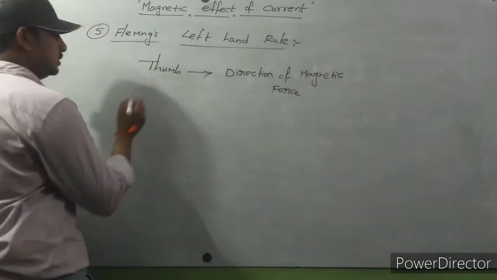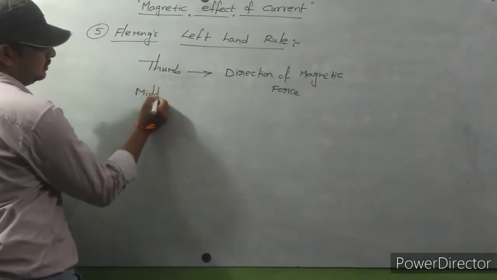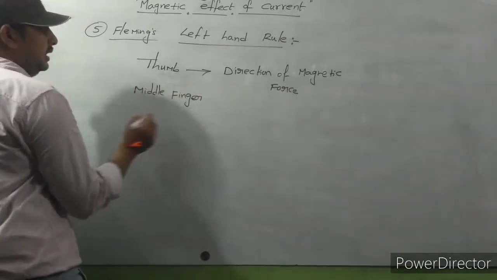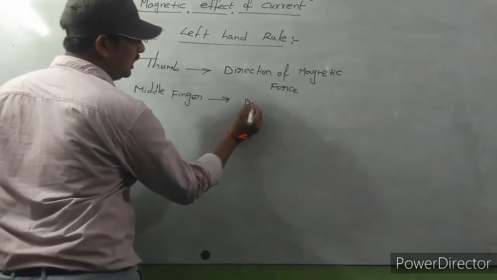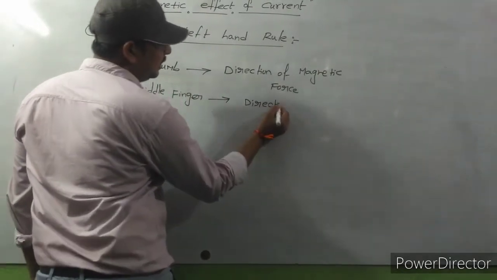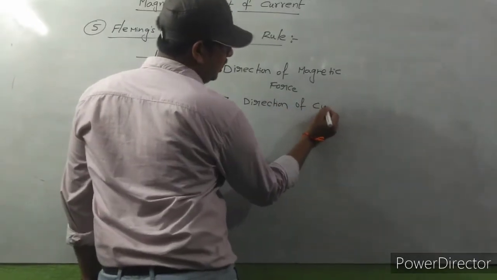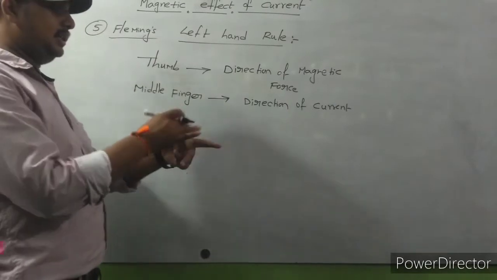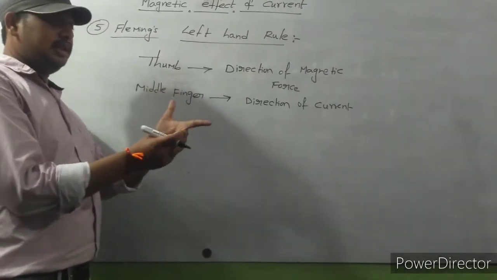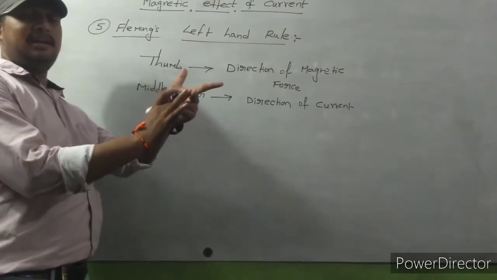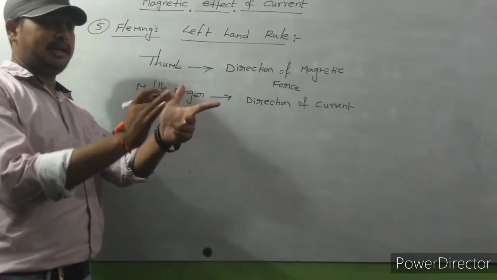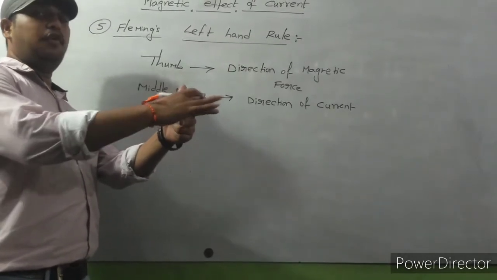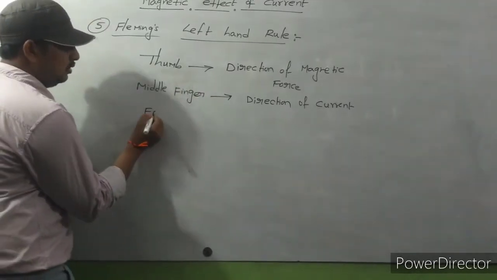Middle finger, this is the left hand, middle finger indicates direction of current. Thumb indicates direction of force, and here forefinger, what is this?